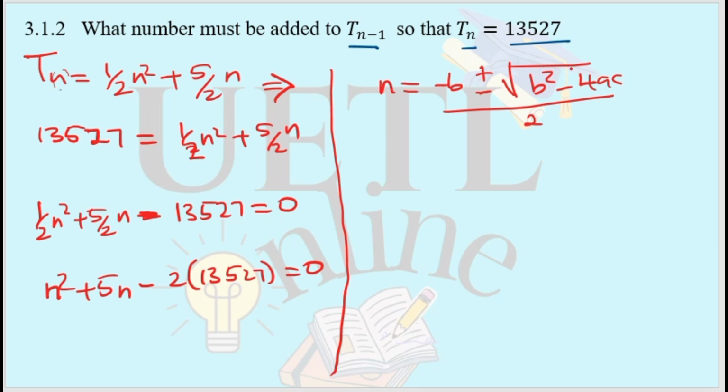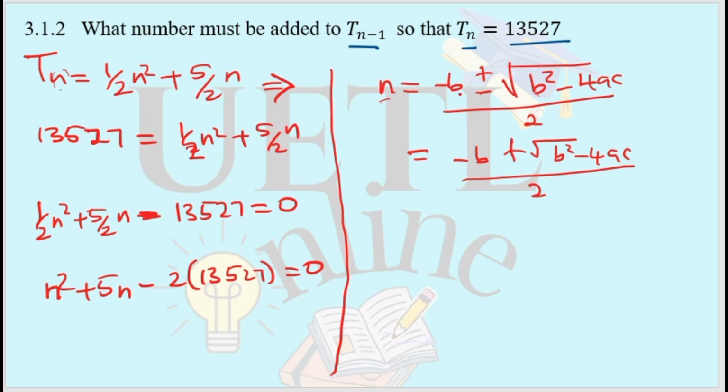So if you say minus and minus, the number is going to be negative. So we can get rid of this negative sign. Our n can be found by only using minus b plus root of b squared minus 4ac. You can try to find the other value of n, but if you found it, it will be negative. There is no value of n which is negative in this context.